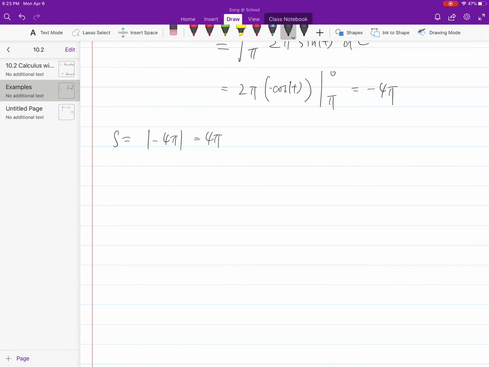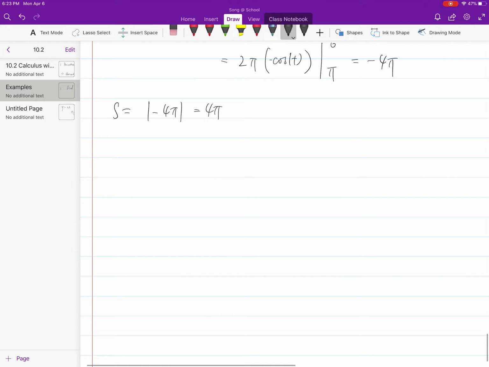However, when you start to talk about things in 3 dimension, you will actually start to see we do have a negative area and a positive area, and it has everything to do with the orientation of your curve. Let me try to explain what's going on here. So consider a circle.